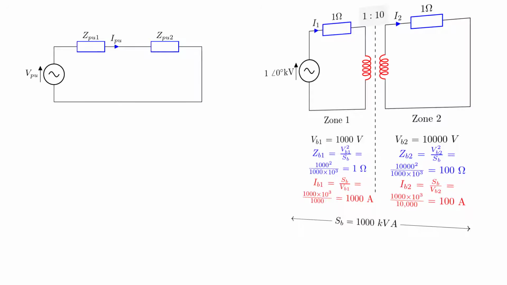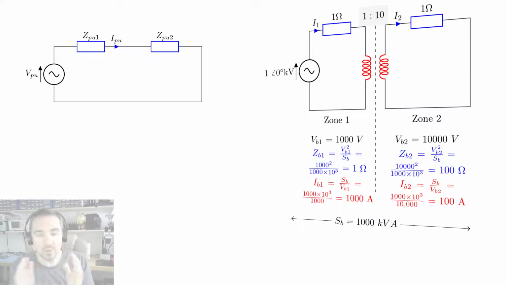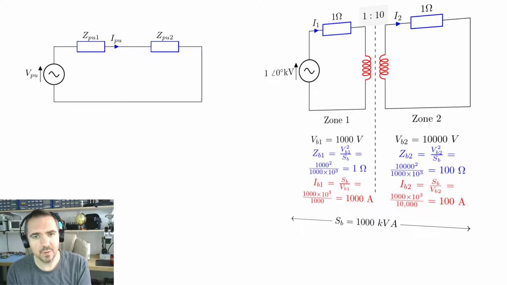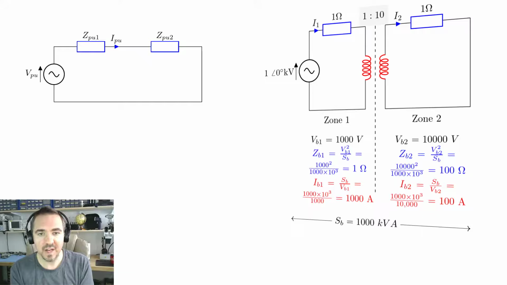Note that the per unit current is actually the same everywhere in our per unit system. But look at the conversion factors that we've used. We have an I-base which differs by zone, so although the per unit current is the same right the way through our circuit in the per unit equivalent circuit, when we convert back to actual values, the conversion factors correct for the impact of the transformer.